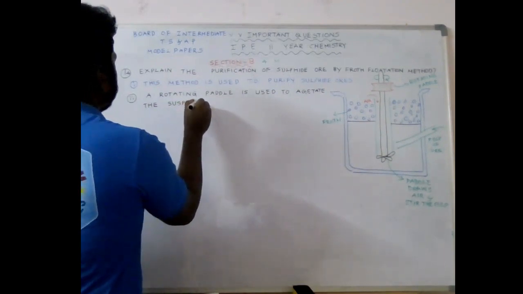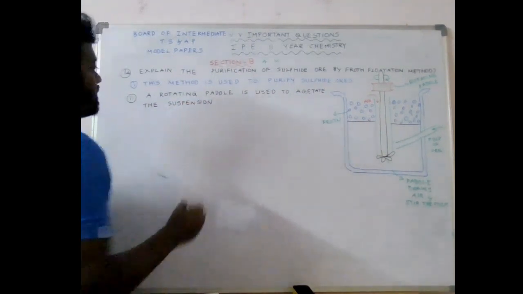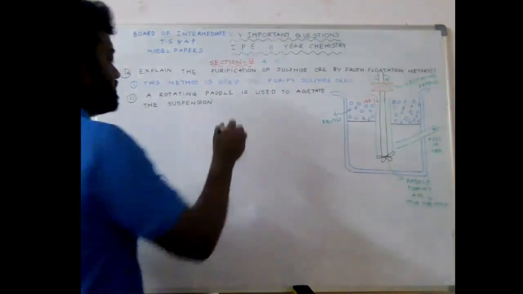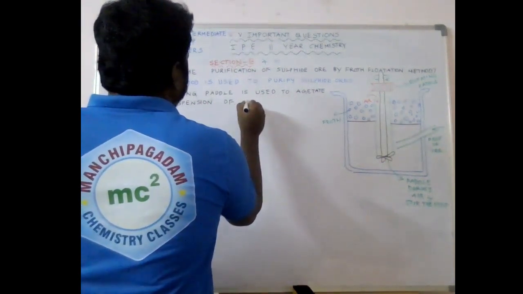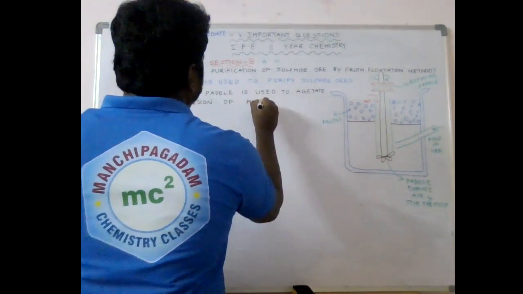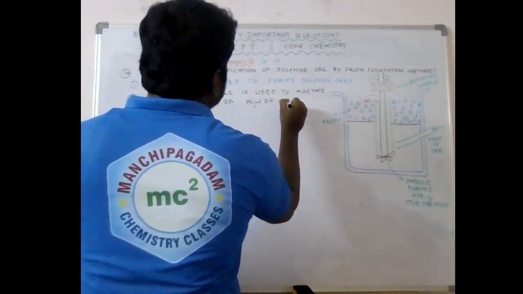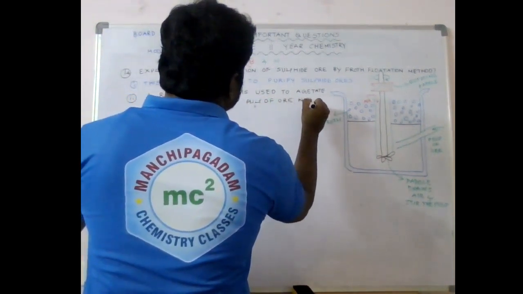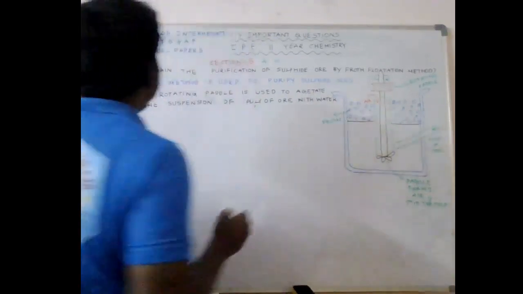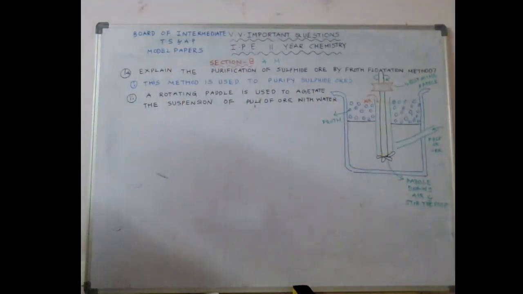What have we taken? Suspension of pulp of ore with water. Rotating paddle is used to agitate, meaning to disturb, right?